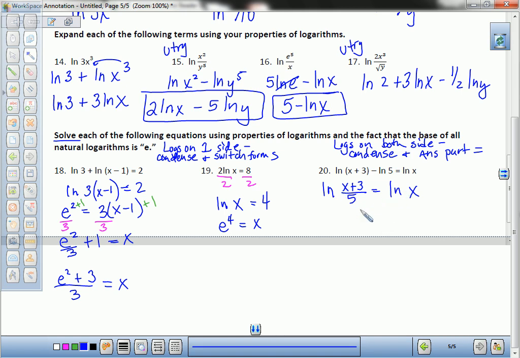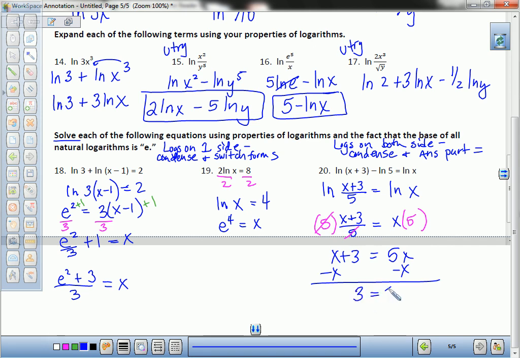And because we have logs on both sides, we just set the answer parts equal and solve. So we get x plus 3 equals 5x. Subtract an x. 3 equals 4x. So 3/4.